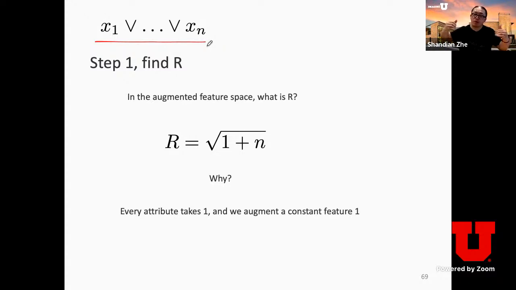To apply the mistake bound theorem, our first step is to find R, that is the span or maximum range of the length of the input vectors.